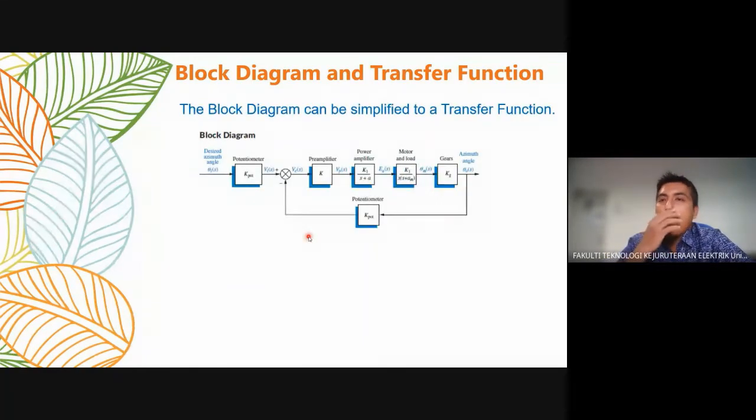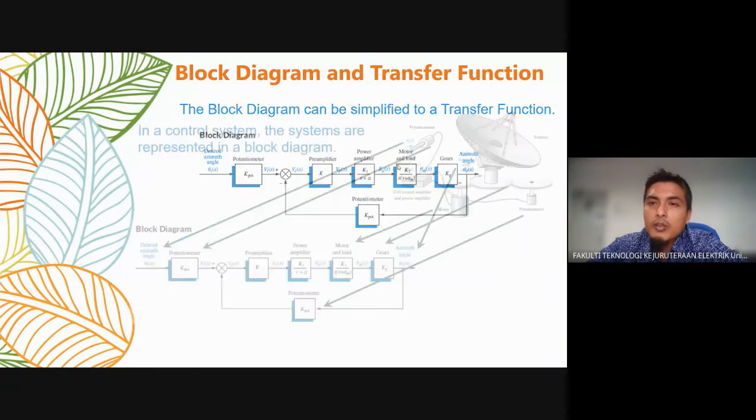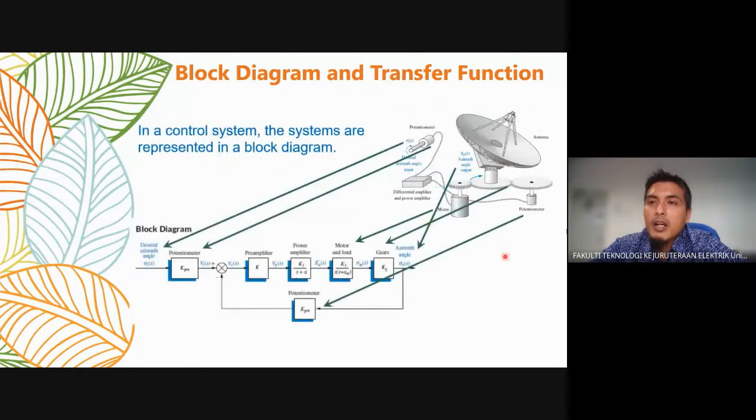All right. According to the previous semester, you had this kind of block diagram, then you needed to convert it to the transfer function. So you already learned this modeling process, transfer function from the block diagram, because the block diagram comes from the system, according to the example from this antenna control system.